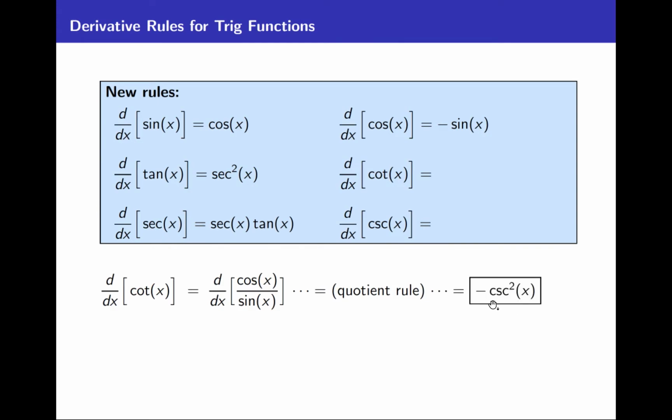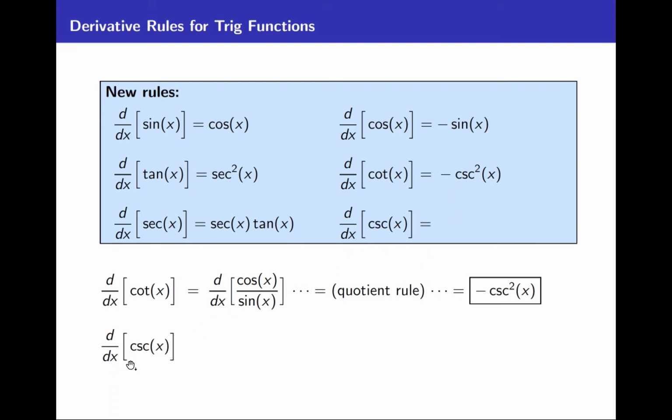You will get minus cosecant squared x. This works very much like the derivative of tangent x that we just did. Just a few details are different. But check it. A new rule, the derivative of cotangent of x is minus cosecant squared x.